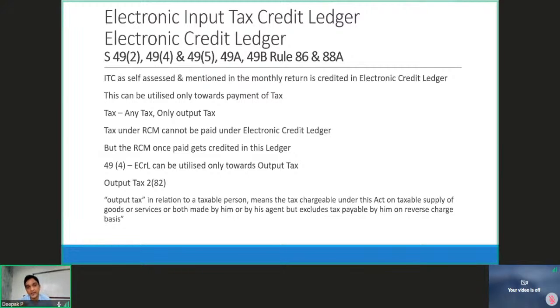Even though on RCM I have to pay, that is not treated as an output tax. That is the tax on reverse charge mechanism, and this tax cannot be utilized from the credit in my electronic credit ledger. Electronic credit ledger can be utilized only for payment of output tax which is declared in the monthly returns.